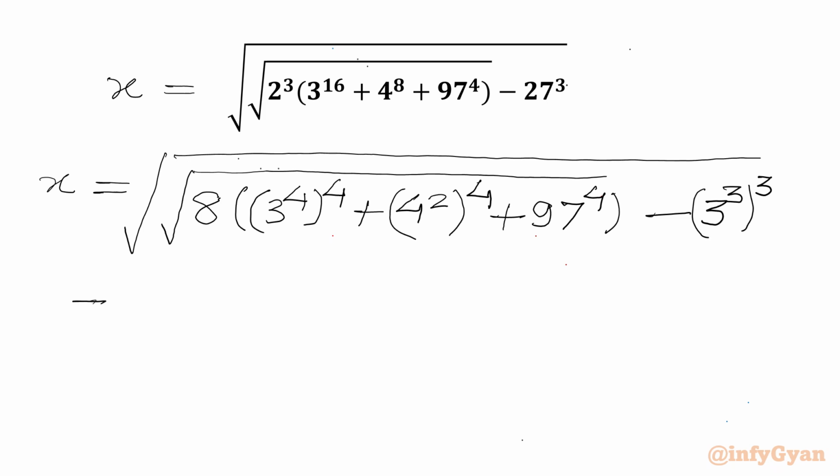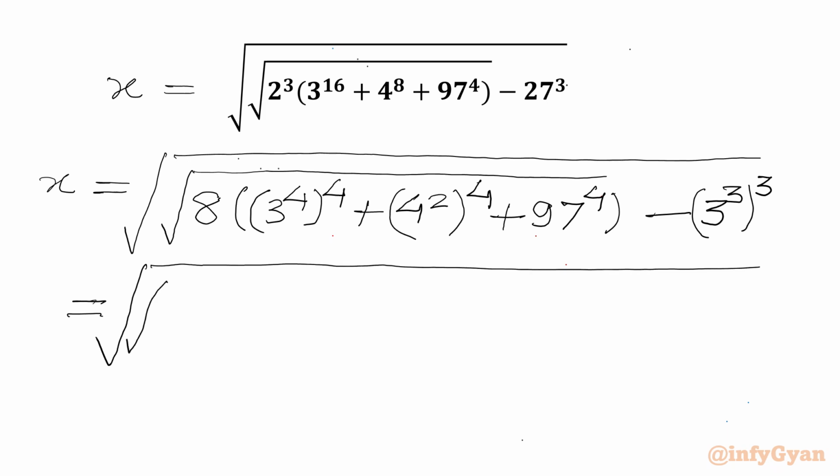This will be equal to square root of 8 times, we will write 3 power 4 as 81.